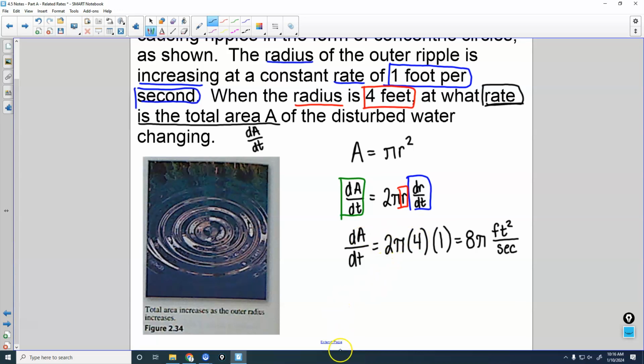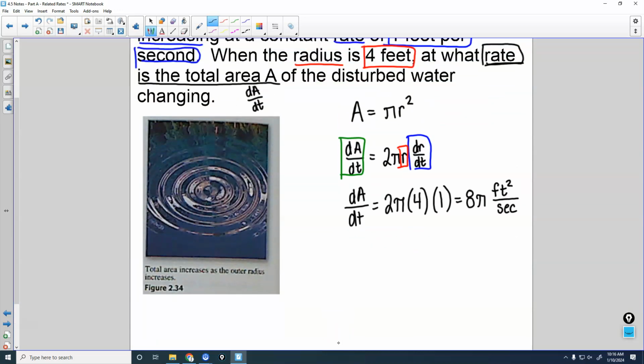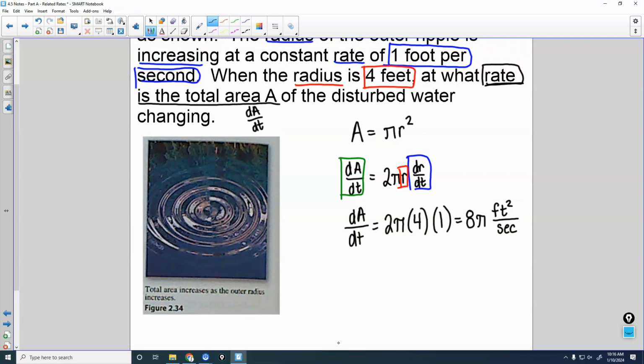Let me show you something else with units right here, because this is kind of cool. You guys have all had chemistry, right? Pretty much everybody's had chemistry. In chemistry, you do a lot of stuff with, is it called stoichiometry, your unit conversion stuff. That kind of works out in this problem if you want to put the units in. We had a 2 pi, and then we had 4 feet, so I can put 4 feet right here.